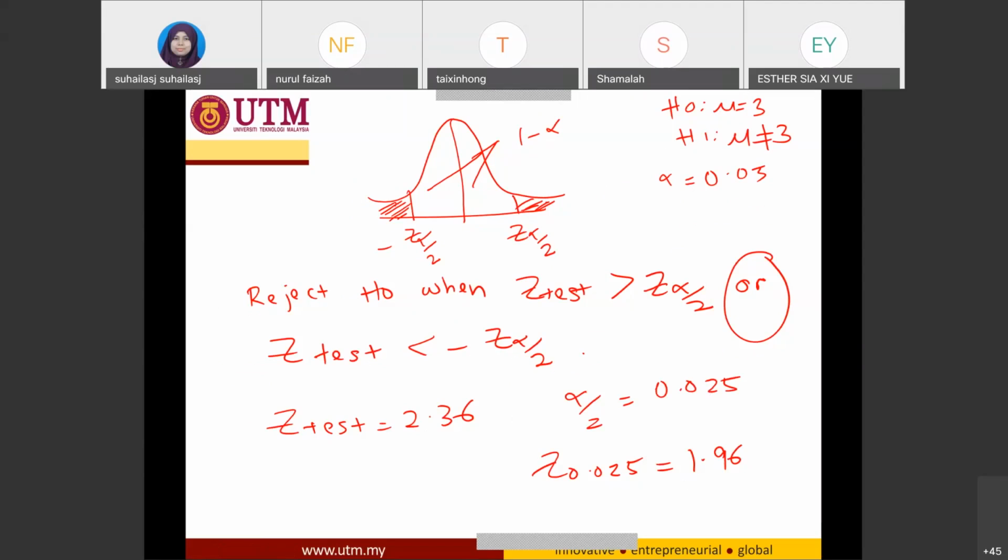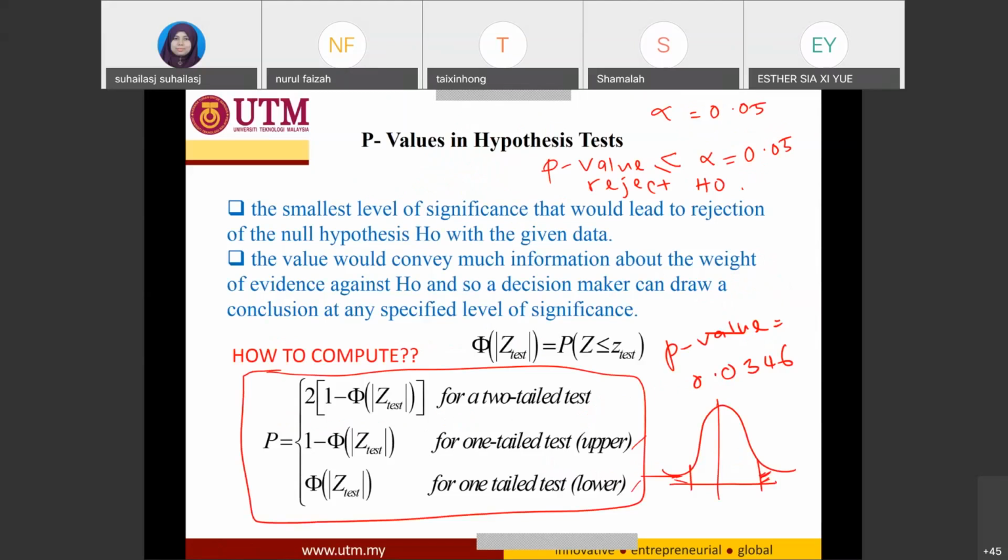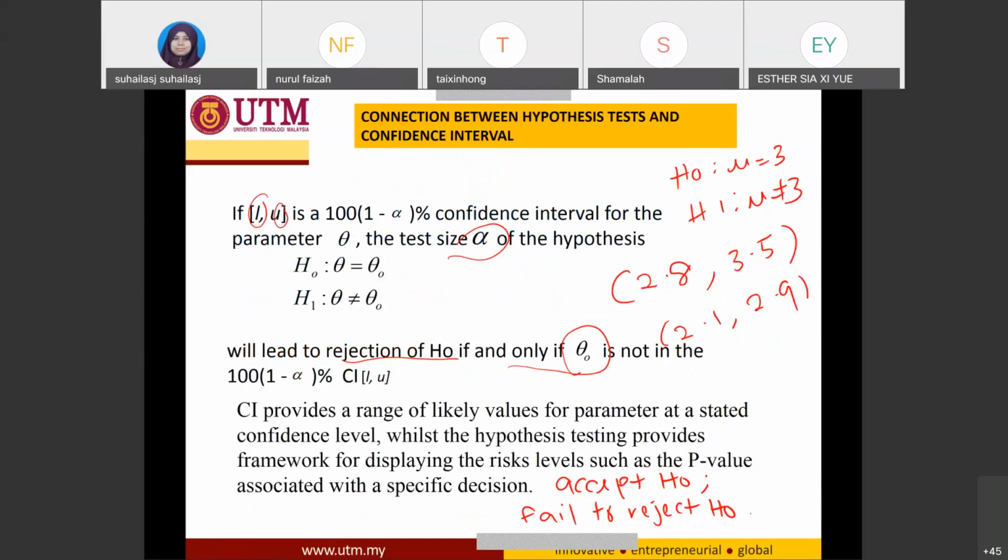Then we make a conclusion. Again, the connection between hypothesis testing and confidence interval. How is this related? Let's say the confidence interval is between 2.8 and 3.5. If our parameter under H naught, mu equal to 3, lies within your confidence interval, then we accept our null hypothesis.